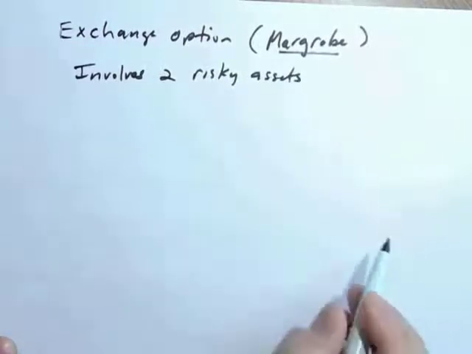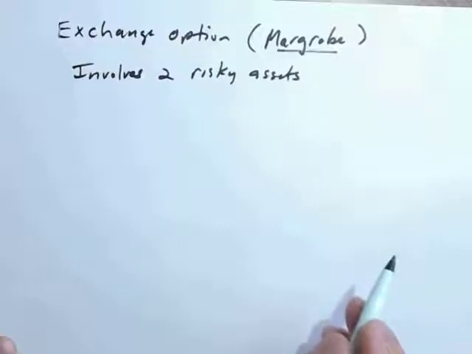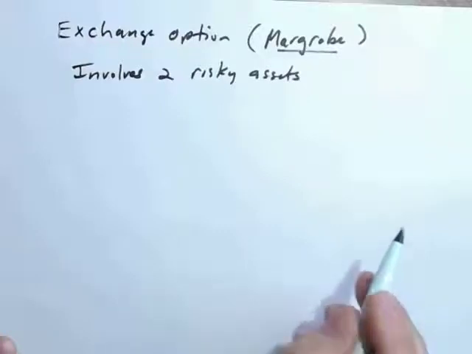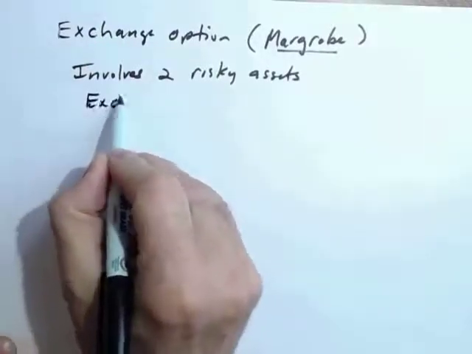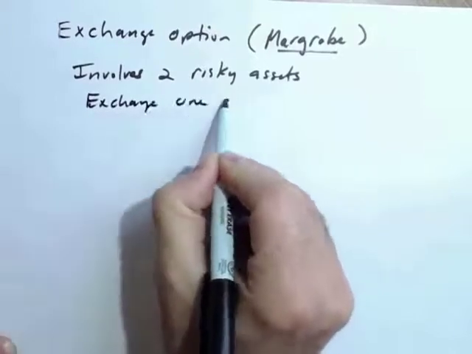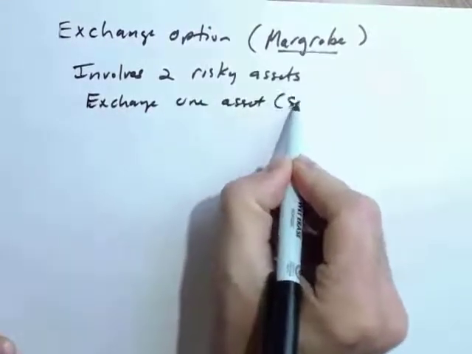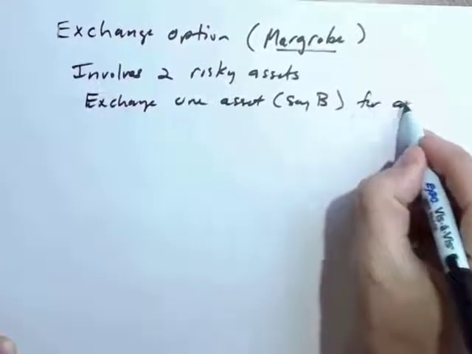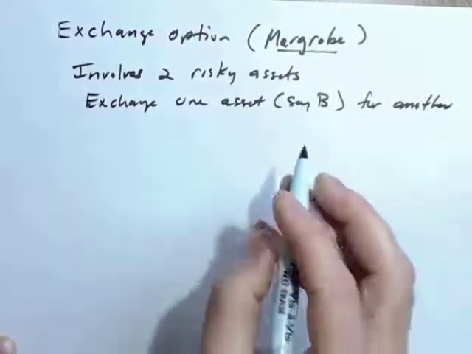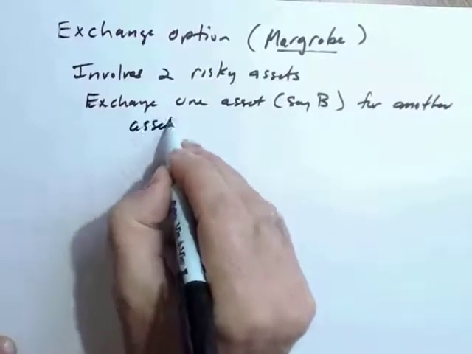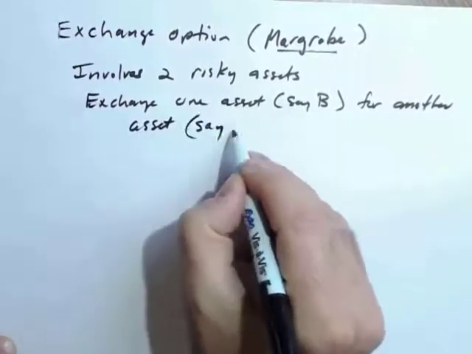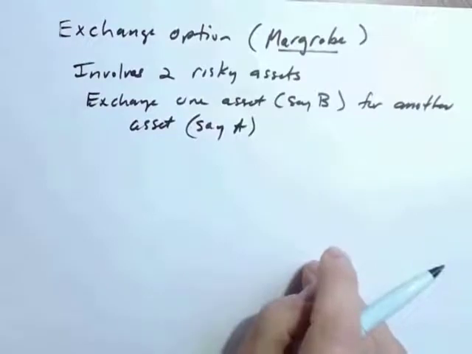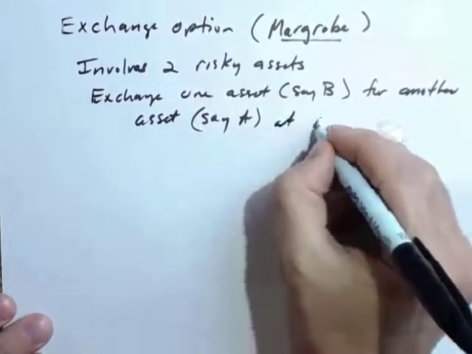Okay? An exchange option gives the holder the right to exchange one asset, say B, for another asset, say A. So we'll call them A and B at maturity.